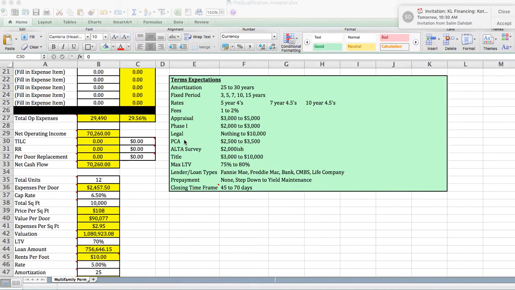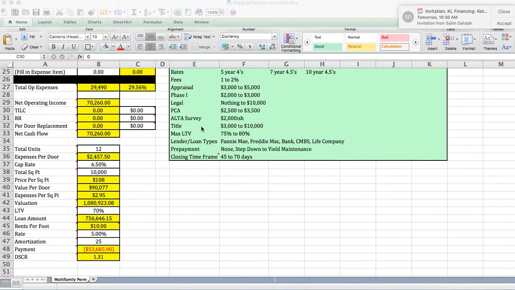PCA is what's called a Property Condition Assessment report. This is just sort of an engineering report on the property, and it runs anywhere from $2,500 to $3,500. An ALTA survey looks at the metes and bounds, the property boundaries.